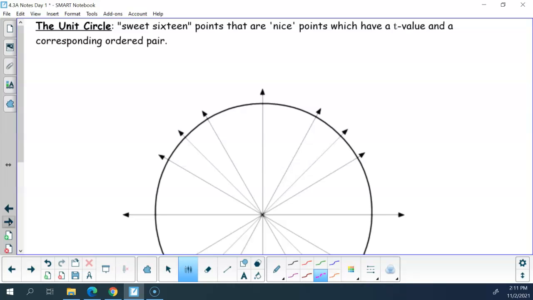So what we're going to do now is we are going to make a unit circle. You are going to utilize this unit circle for approximately the next 4 months. Maybe even longer. So what I recommend for you to do is start on a complete fresh piece of paper.